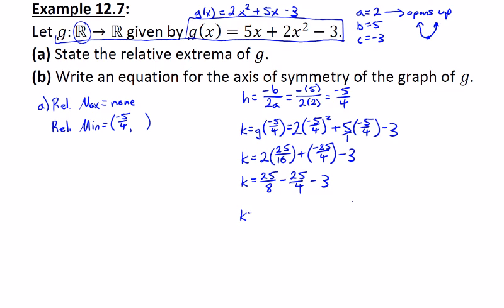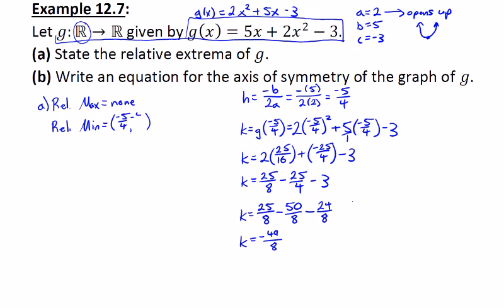So in order to do that, I would need a common denominator. The common denominator will be 8. So 25/4 is equivalent to 50/8, and 3 is equivalent to 24/8. And then I'll add all these together, or subtract them, whatever the operation says, and I will end up with -49/8.